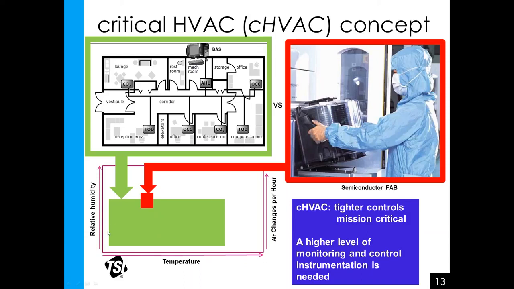It's fairly generous, easy to understand, easy to control, fairly easy to measure using pretty common and pretty easily available instrumentation today. However, if I contrast the needs for these three parameters in, say, a semiconductor fab, I will plot those three same parameters and end up with a control box somewhere around here.